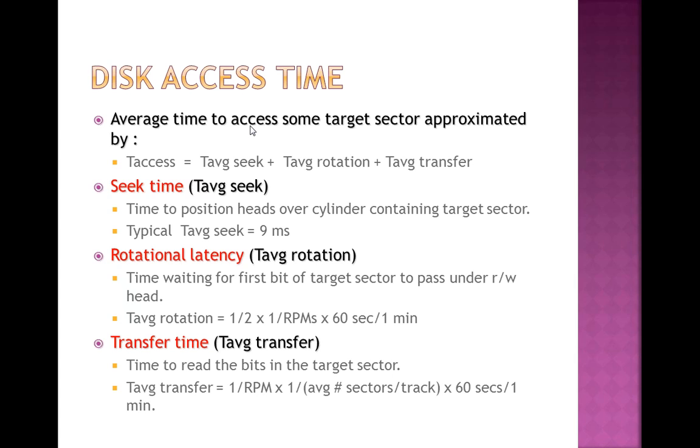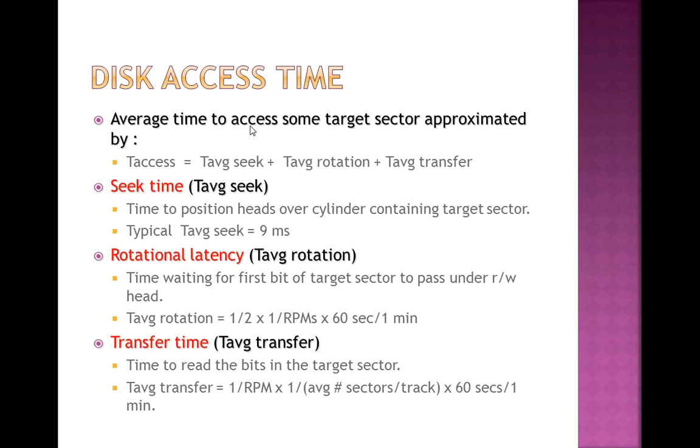So this is the formula. Whenever we sum up the average time for the seek operation, the average time for the rotation and the average time for the transfer, that equals the total time taken to access the disk.